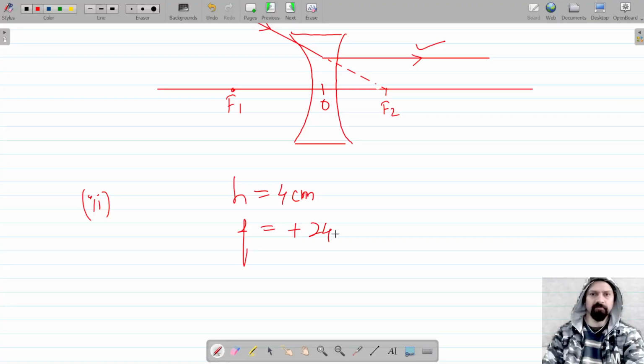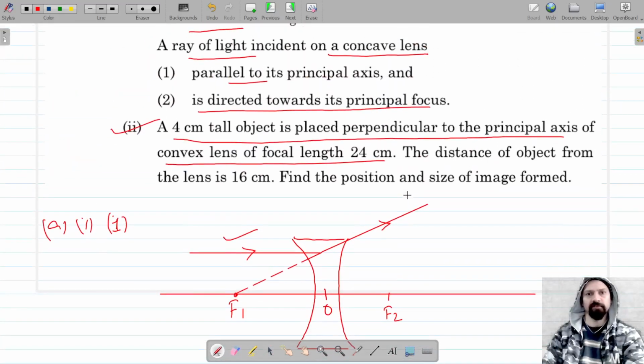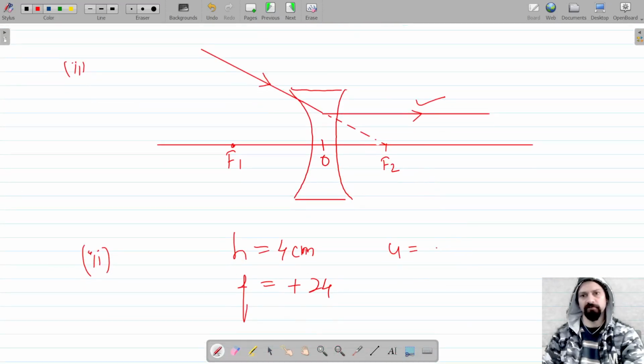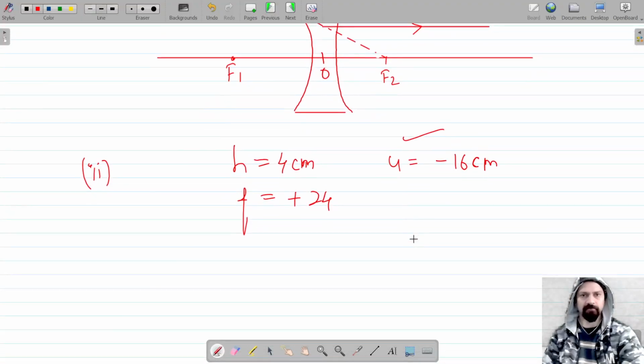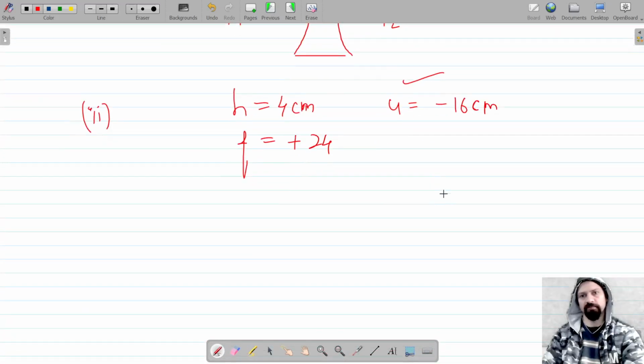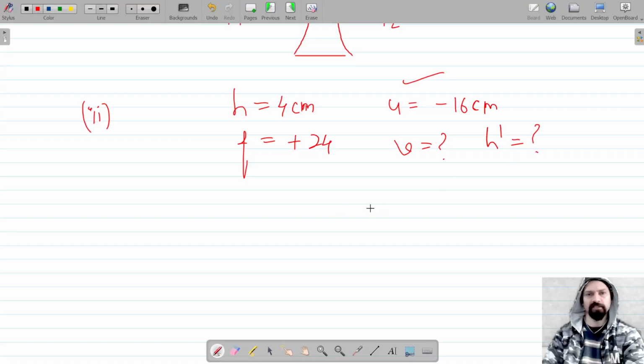The height of the object is 4 centimeter. The distance of the object, denoted by u, is negative 16, because the object is in front of the lens, so we use negative sign convention. Now we have to find the position and size of the image formed, that is, we have to find v and h dash.